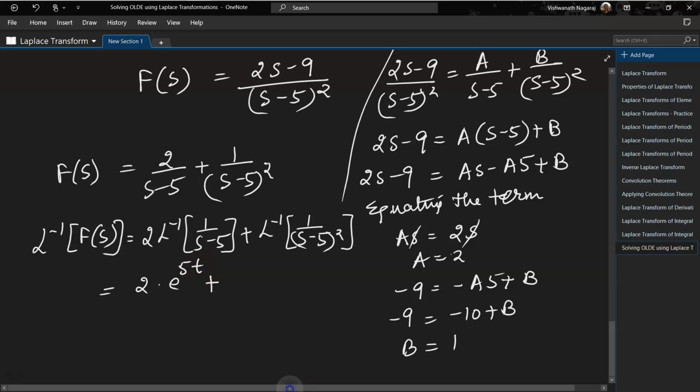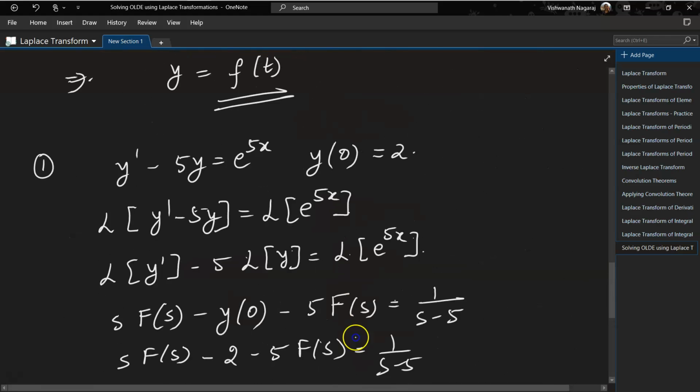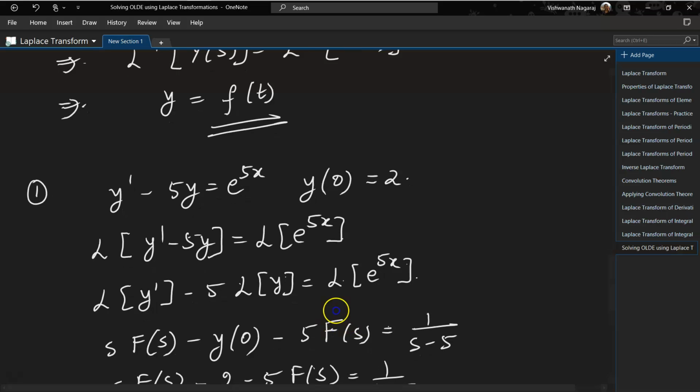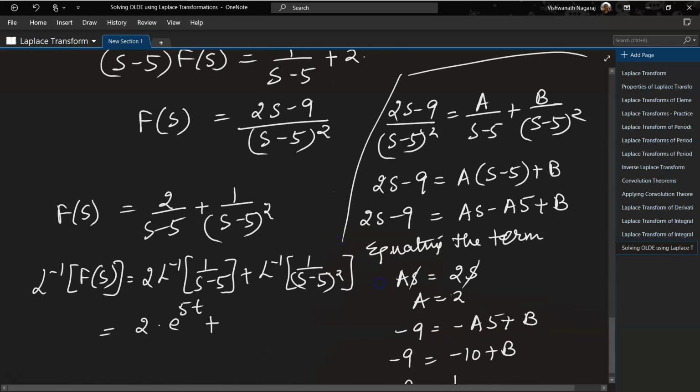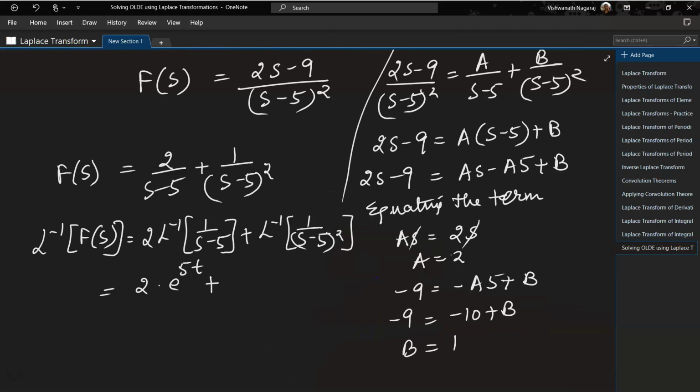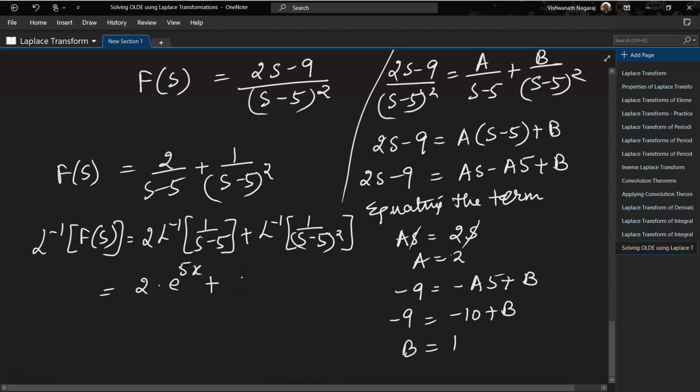We are not talking in terms of t; we have taken it as x, so this will be x. So you need to be careful. E to the power of 5x plus, and this is going to be x e to the power of 5x. So this is the function y is equal to.